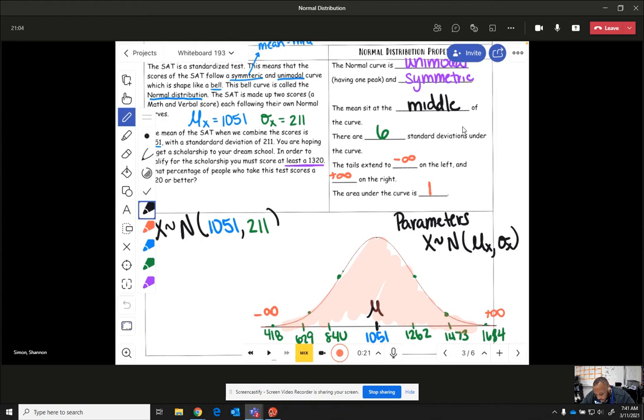And now I want to know the probability that you must score at least. What does the word at least mean? In terms of symbols, at least means I can get that score or something bigger than that. So we write that as a symbol. I want to find the probability that x is greater than or equal to 1320.